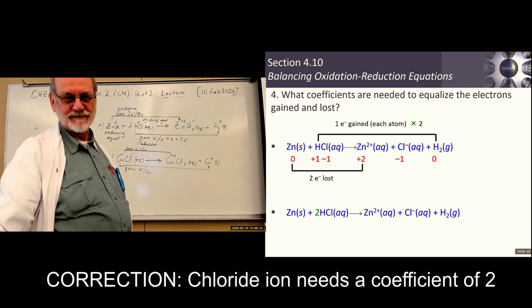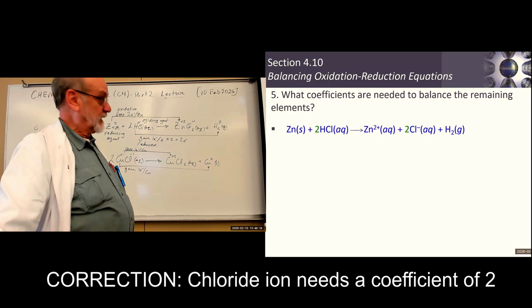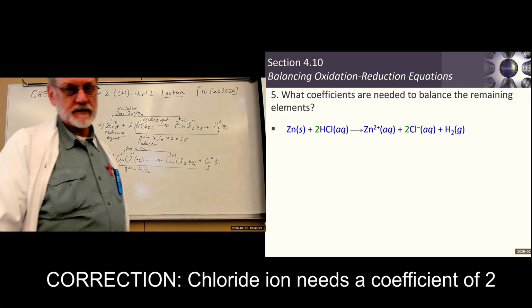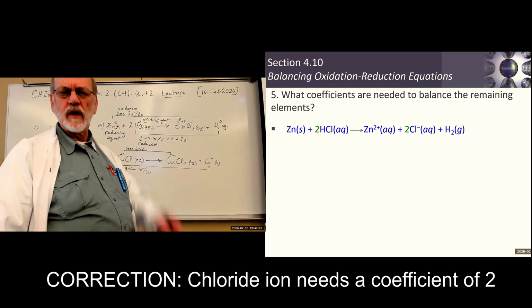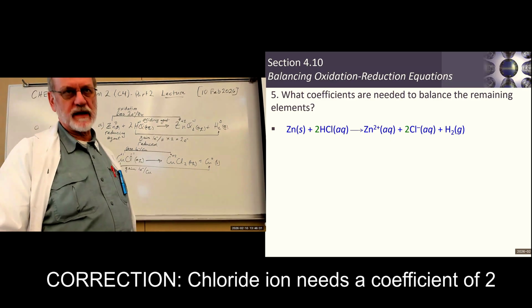Okay, there's the finished product. And you can check yourself. Just say, how many of each one do you have? And you should come out. Oh, 2 in front of the chloride. I forgot that one. Yeah, you need a 2 in front of the chloride also.